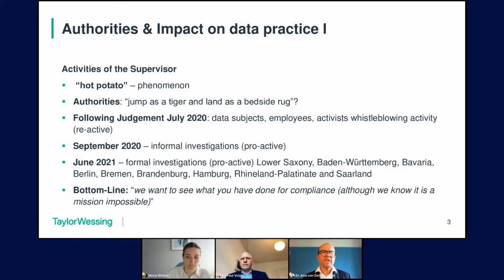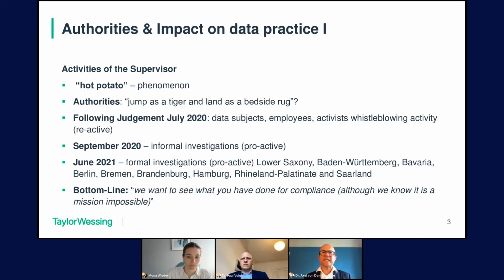Each of the German Bundesländer who participated picked out approximately 50 companies, like a kind of lottery. And they just asked, Schrems 2 is out, and the EDPB has provided recommendations, and even new standard contractual clauses are out. Can you please tell us how you work with that?